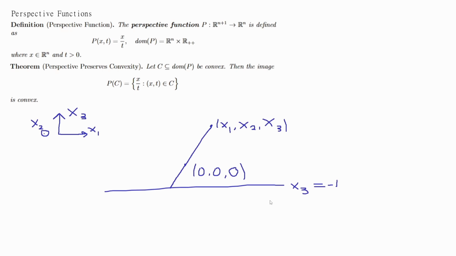Well, we can use simple geometry as follows. Ignoring x2 for a moment, we can draw a triangle from the object to the pinhole as follows. And we can draw a triangle from the pinhole to the image location on the horizontal wall.